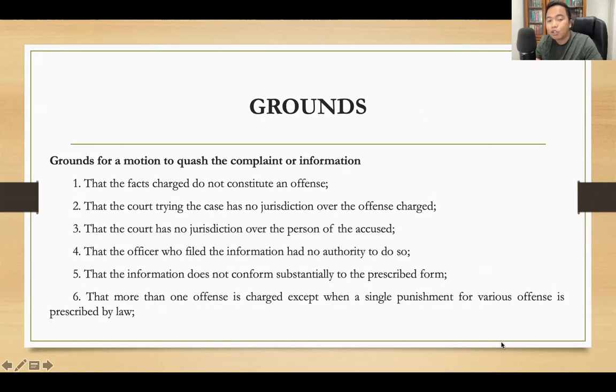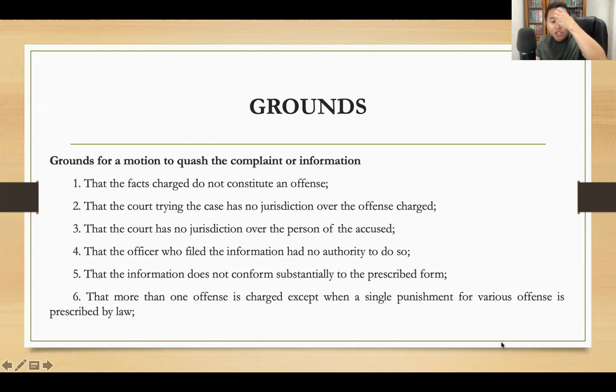What is the status of the information? The information is void because it was filed by an officer who had not been authorized to file information in court. So the remedy of the accused there is to file a motion to quash invoking paragraph 4 of Rule 117, that the officer who had filed the information had no authority to do so.